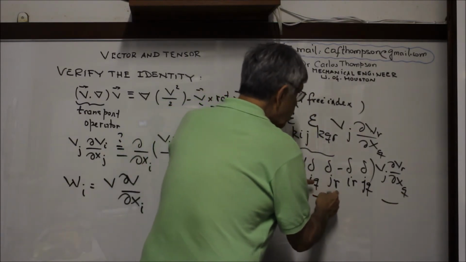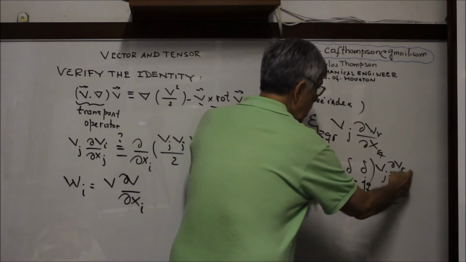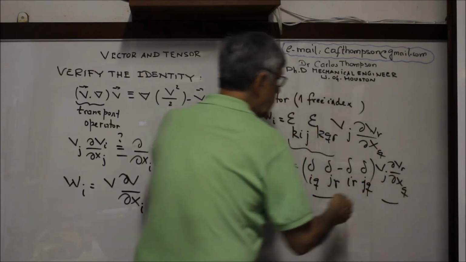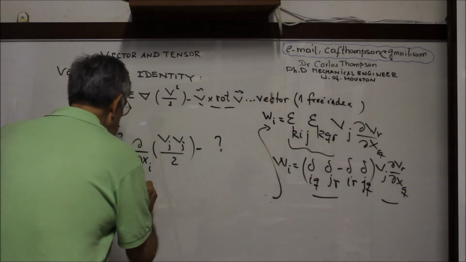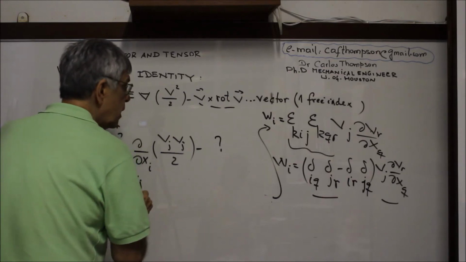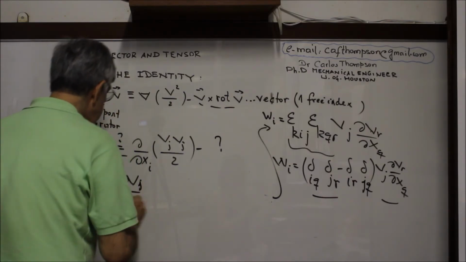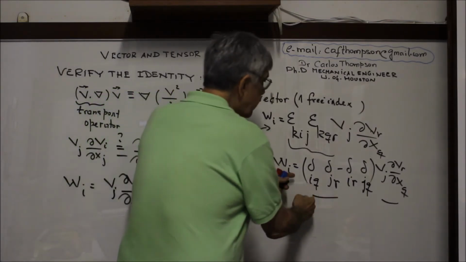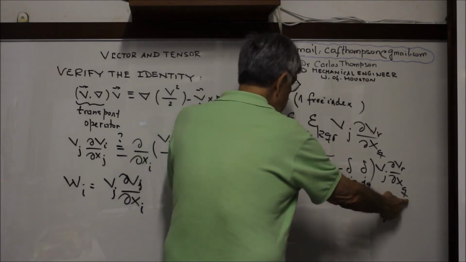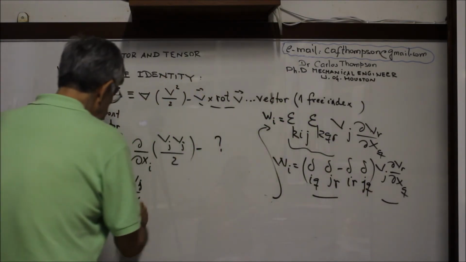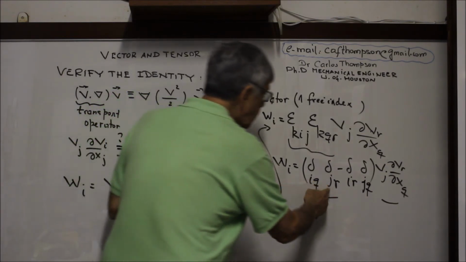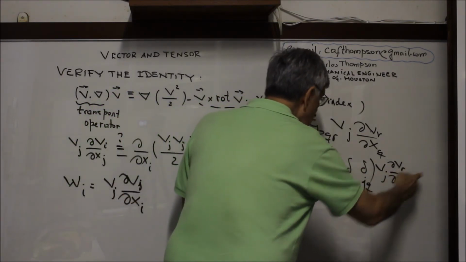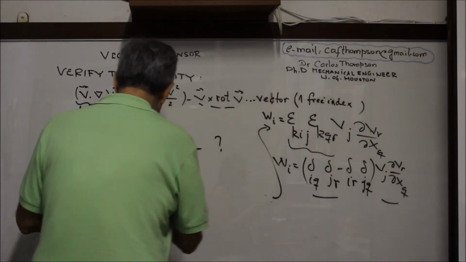Now, delta JR, I substitute R by J, so this is Vj.